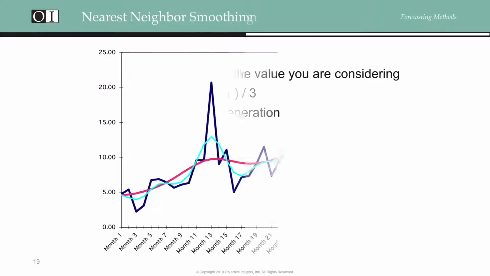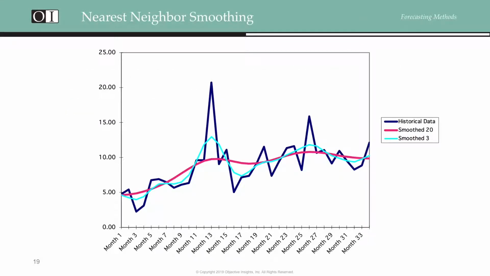And here graphically is what's going on. The dark blue line is the historical data. When we smooth it 3 times, we get this light blue line. And when we smooth it 20 times, we get this reddish line. So you can see that the peaks and the valleys are still in their original places. The way to think of this is it's eroding the peaks and filling in the valleys, so the overall levels don't change.